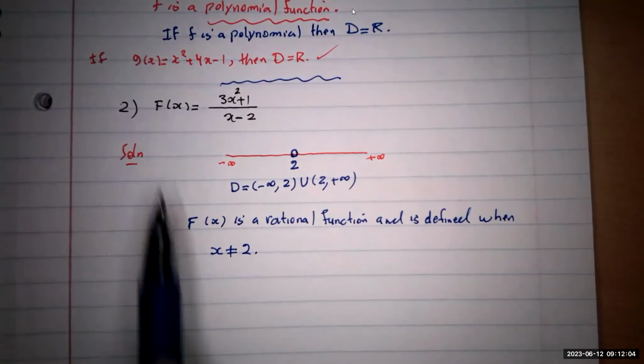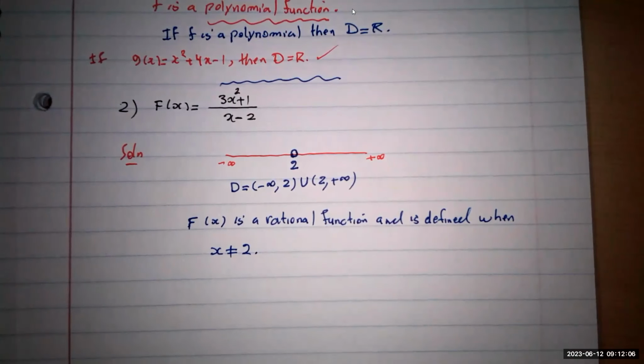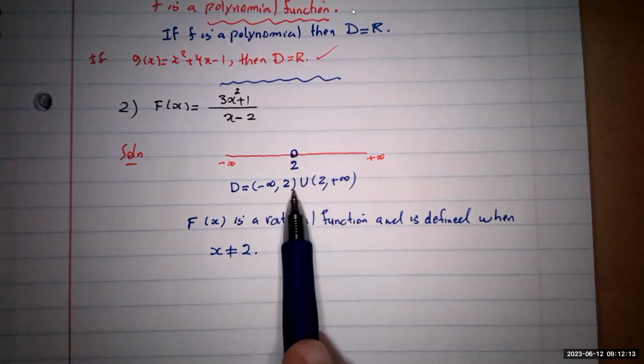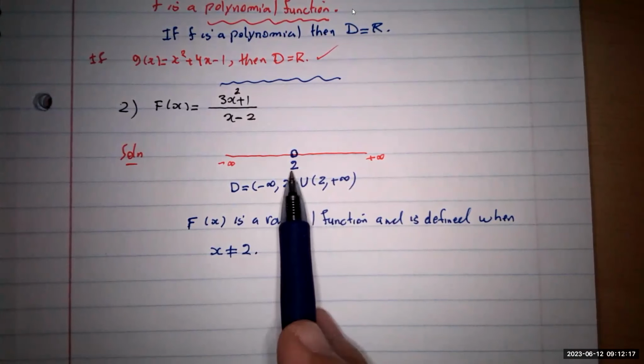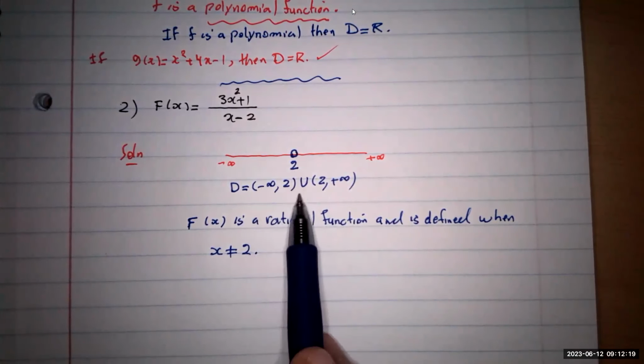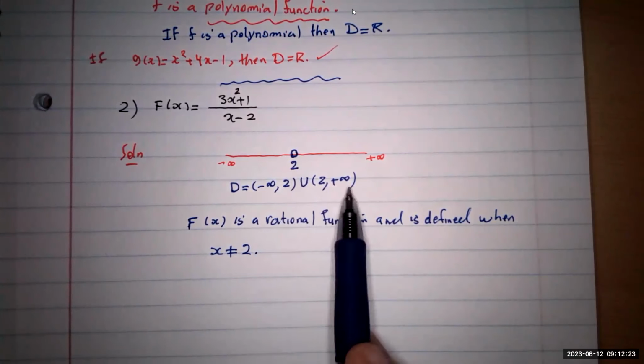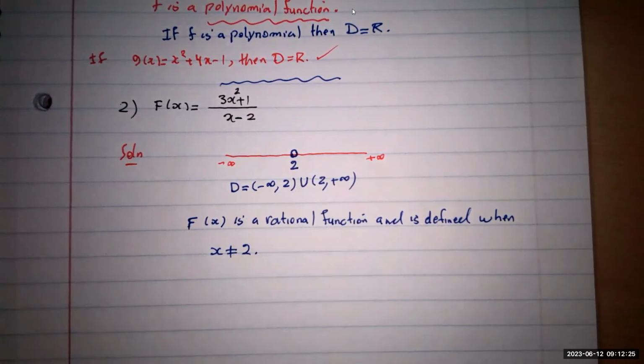It's not equal to 2 because the denominator would be 0 for x equal to 2. So we let x minus 2 equal to 0, and you have to pick the 2 out. So we use the open interval. Parentheses over here means we drop the 2. If you use a bracket, it means you keep it. But we don't have it, so that's why we have to use an open interval.